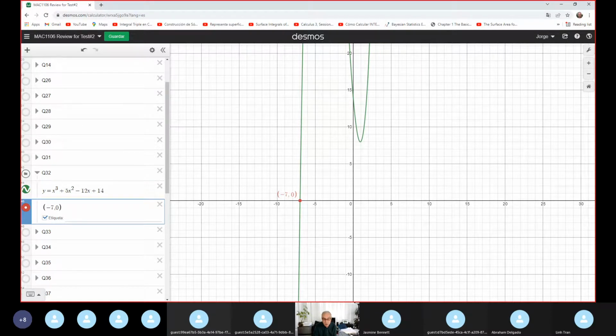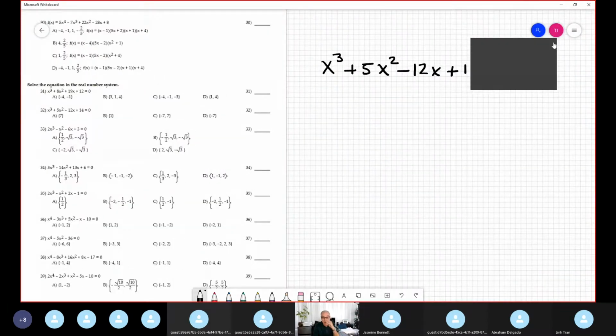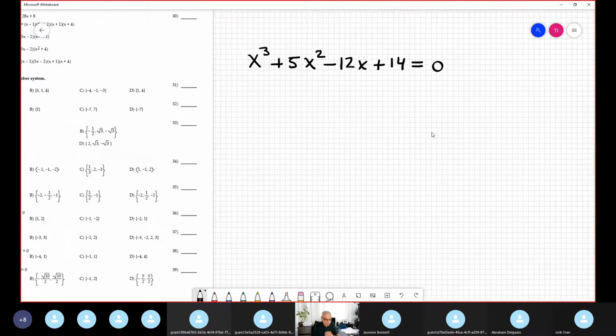Why not? You are doing the synthetic division using -7, and let's see what happens. Do you see the whiteboard? Okay, so, synthetic division. 1, 5, -12, and 14.